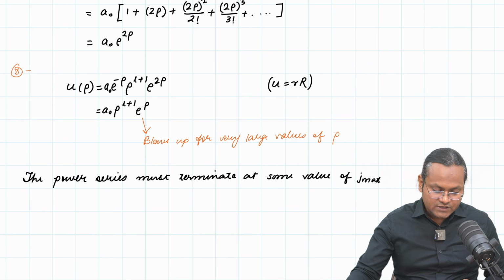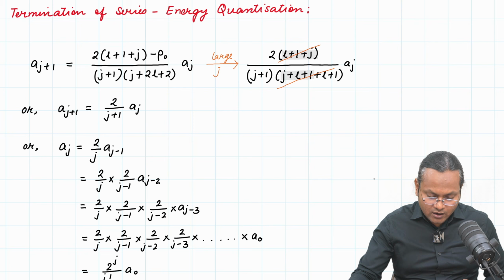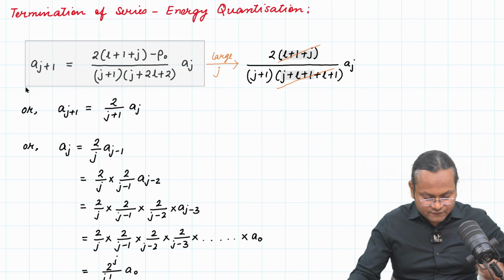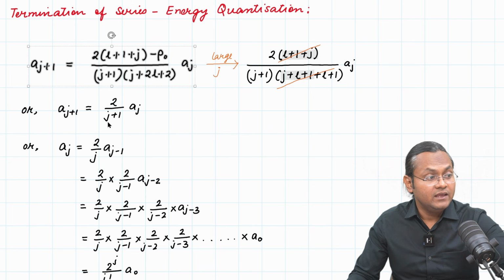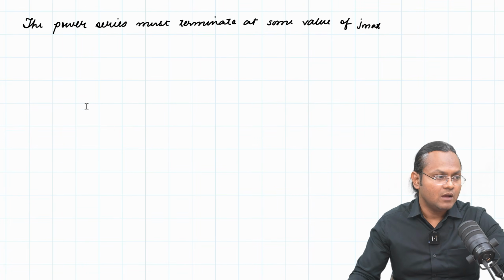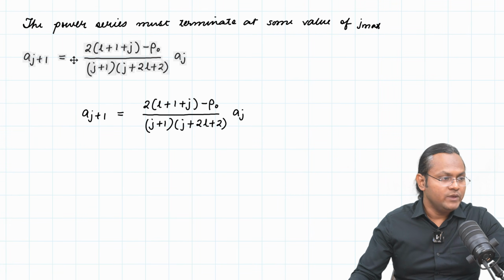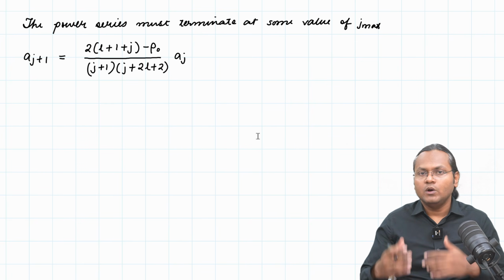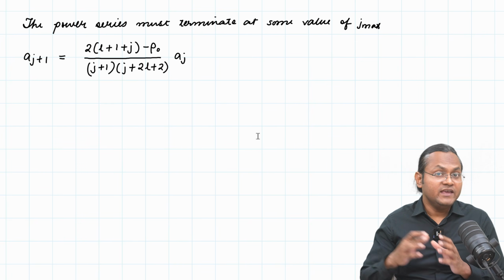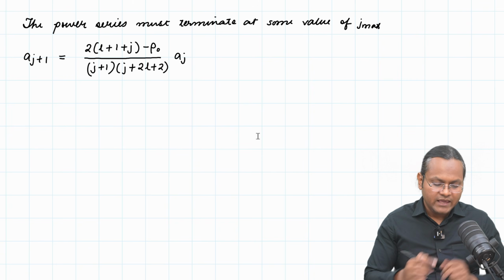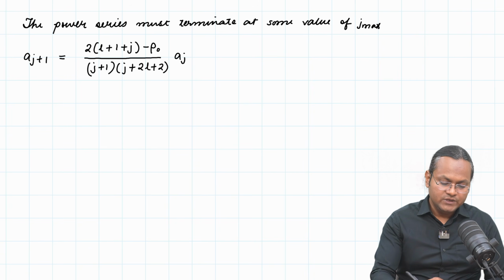If that happens, then if we take a look at the recursion formula, again, when is that possible? That is possible if after a certain term aj, the next term aj plus 1 comes out to be 0 for whatever reason, right? So we have a number of terms, a0, a1, a2, a3 like that. You reach aj, and then the next term aj plus 1 comes out to be 0.